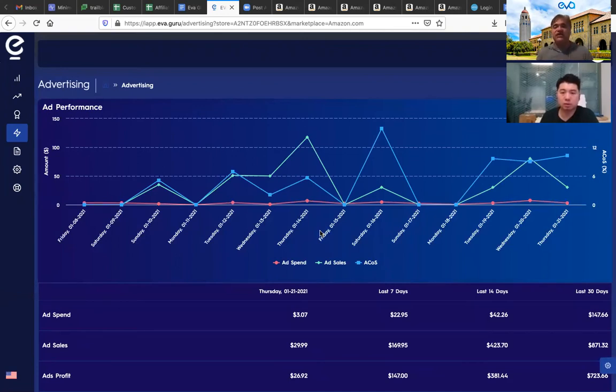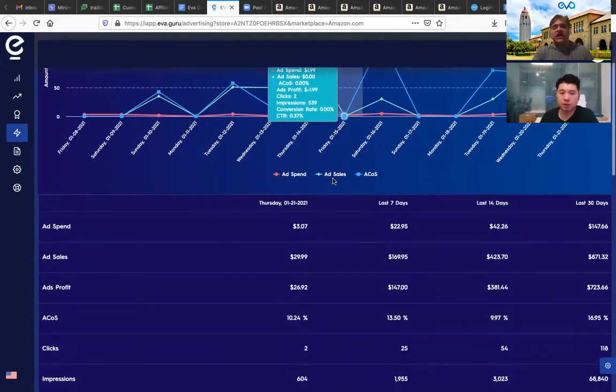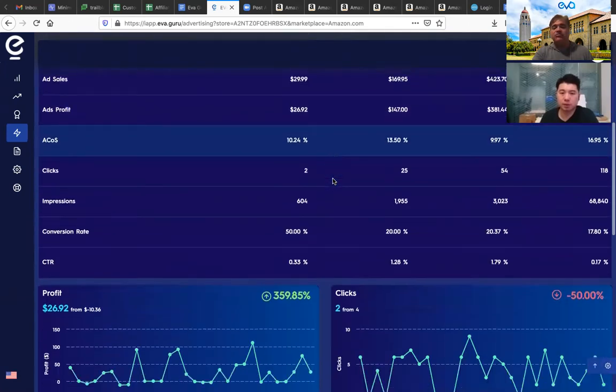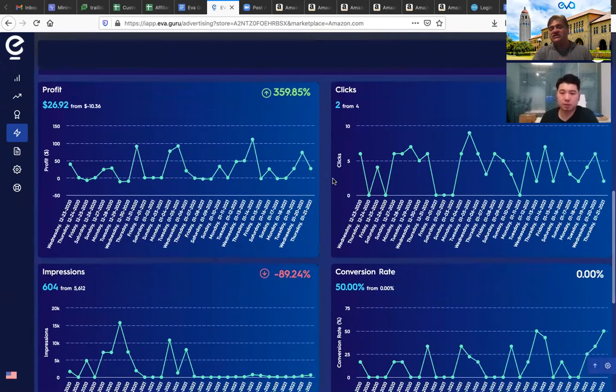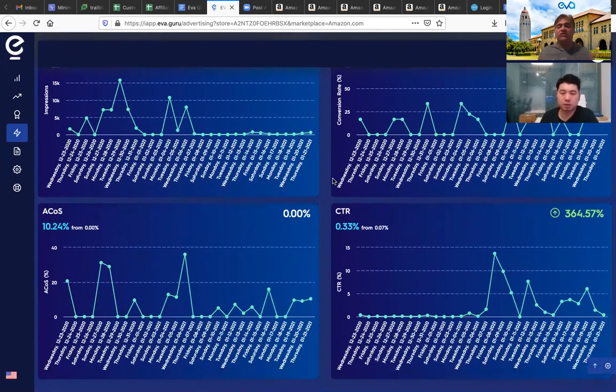There are some great companies, or maybe you are, or others interested in automated PPC. What we show is the ad spend, ad sales, ACOS, clicks, impressions, and conversion rates. This is more for the private labels, at least. We get all the data and we use the advertising data also for our pricing decisions.